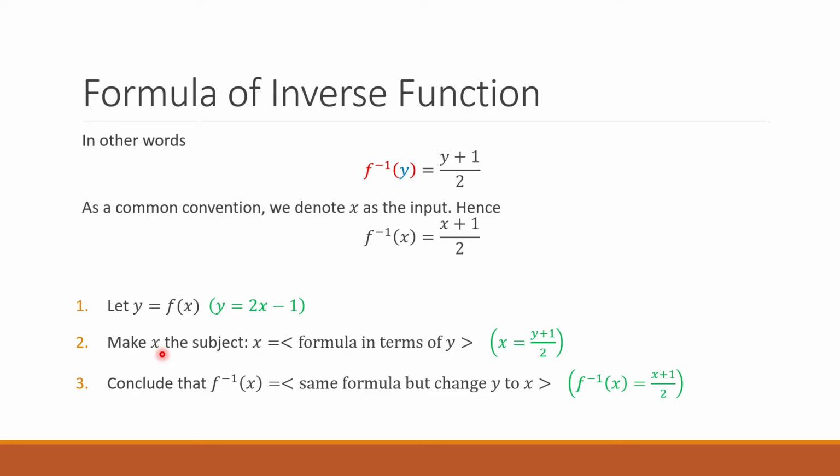You're trying to see how you can find the input, which is x, that gives you this output. In this case, we get x = (y + 1)/2. And then the last step is just to conclude what the formula is by changing the y to x. So these are the 3 steps to find the formula.